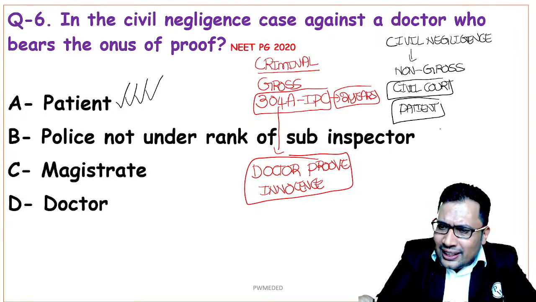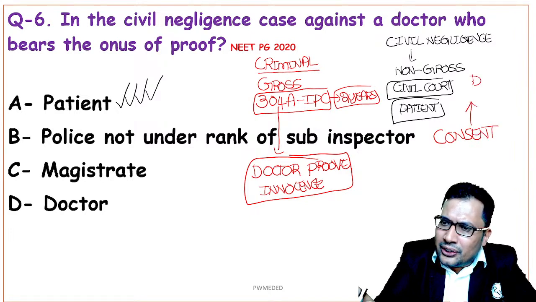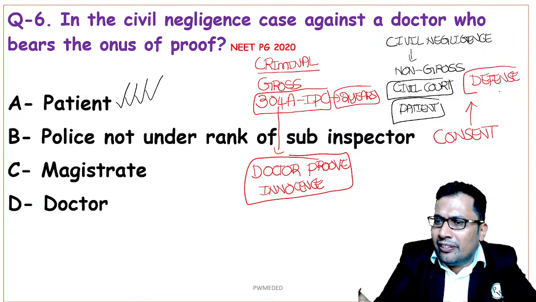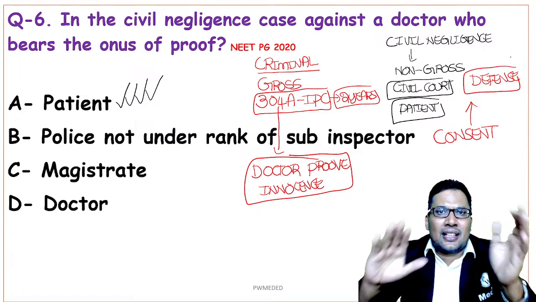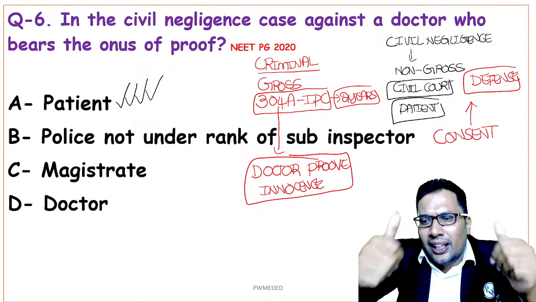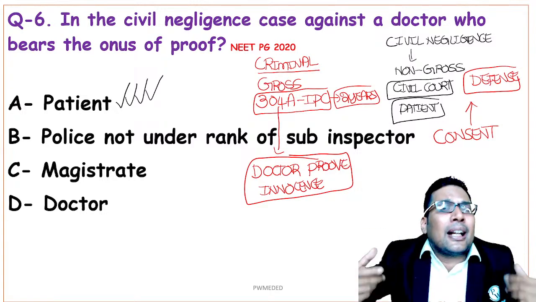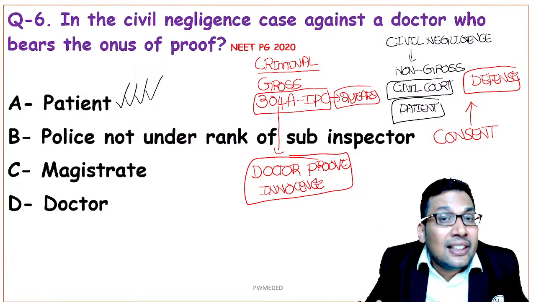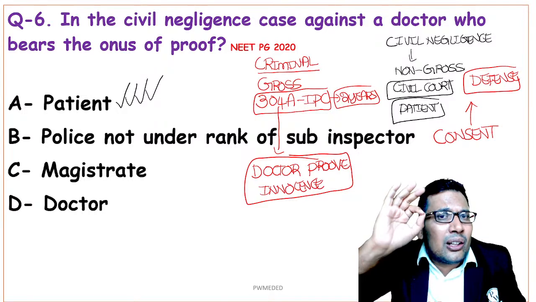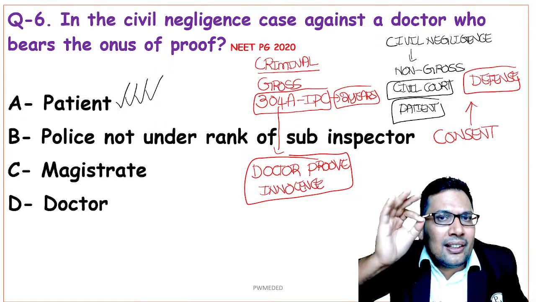And remember, consent is a very good defense in case of civil negligence. This can be asked in the exam. All of you concentrate. Consent is a very good defense mechanism in civil negligence, but consent is not a good defense in criminal negligence.